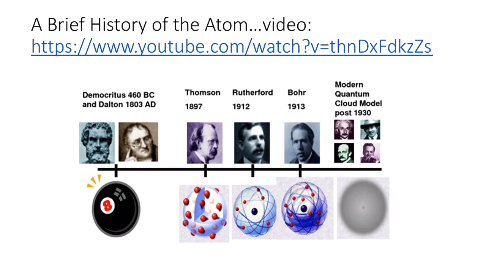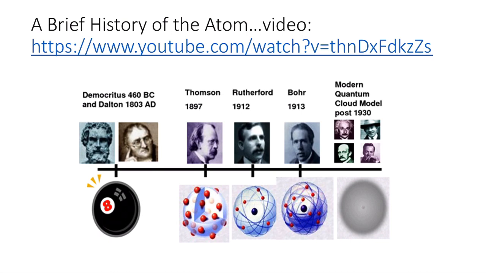So this is a rough timeline for the history of the atom. The theory of an atom dates back to 460 BC, which means 460 years before zero. We are currently 2021 years past zero. And then Dalton in 1803, so just over 200 years ago, came up with a little bit more to emphasize this.